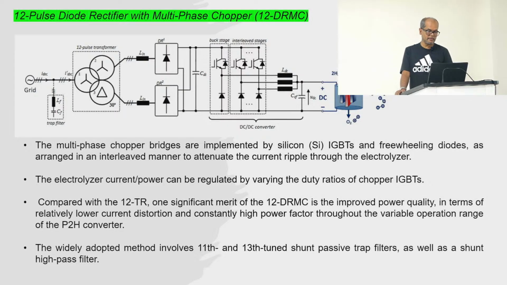Now the next one. Here also we have a 12 pulse transformer, but the difference you can see here is that we have this DC to DC converter that we already talked about previously, the interleaved buck, an interleaved DC to DC converter.